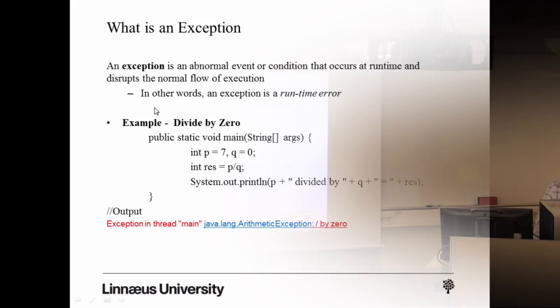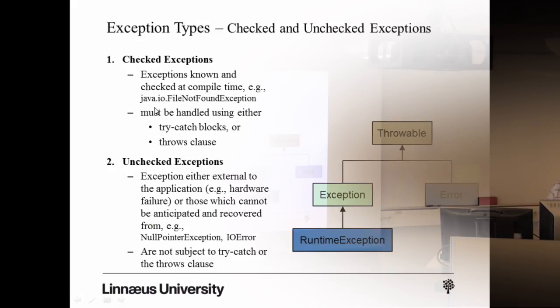But moving forward, there are two basic types of exceptions. One we call checked exceptions, and another we call unchecked exceptions. The difference between the two is, as the name indicates, that there are some exceptions that the Java compiler forces us to handle when we are writing the code.